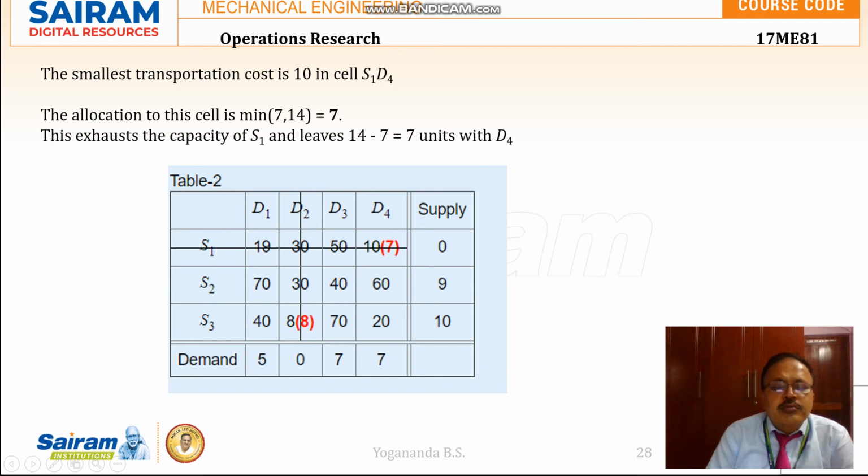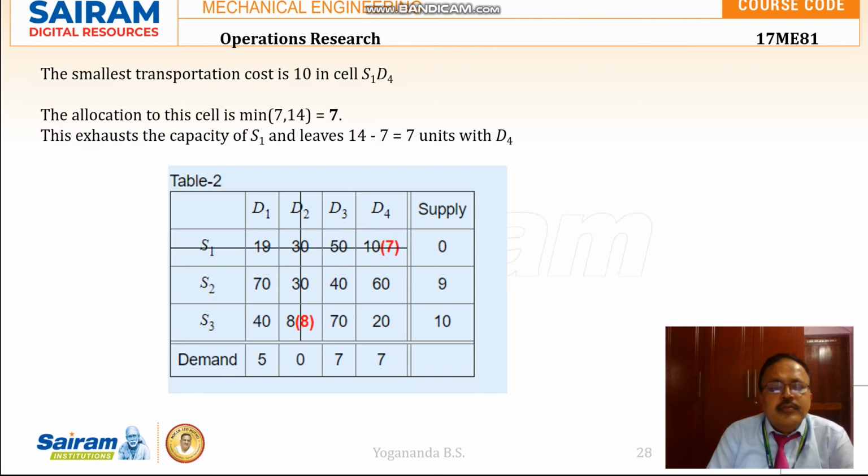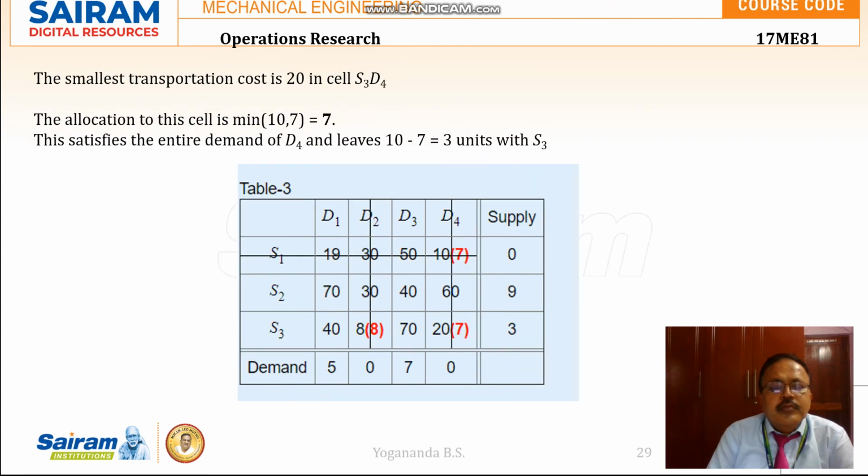D4, the demand for the fourth destination, is fulfilled, everything is supplied, so demand becomes 0. Get rid of the D4 column.